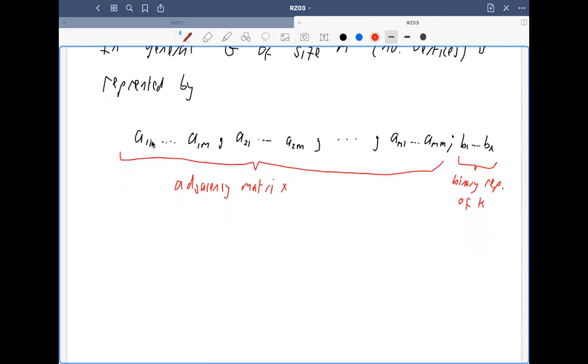And what is the input size here? Can anyone work it out in terms of m and K? Yeah, right, pretty much.